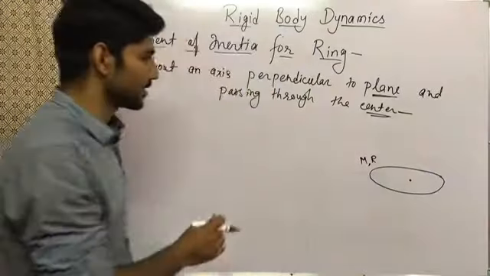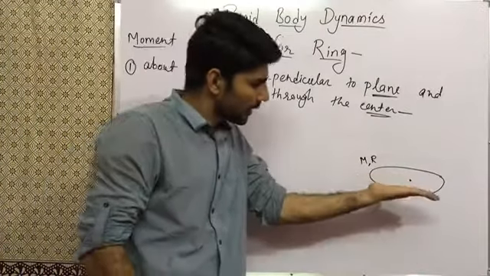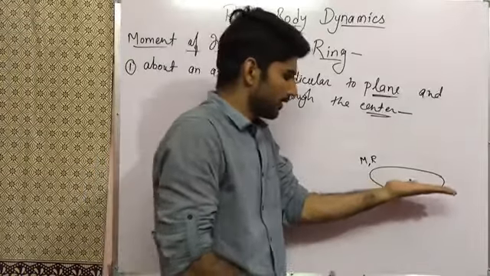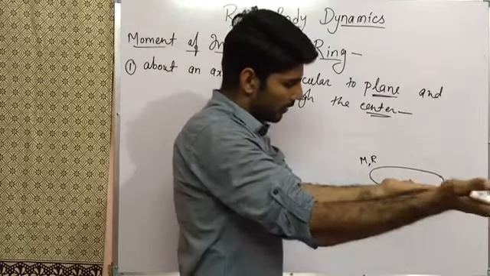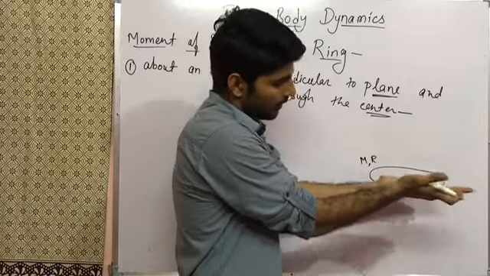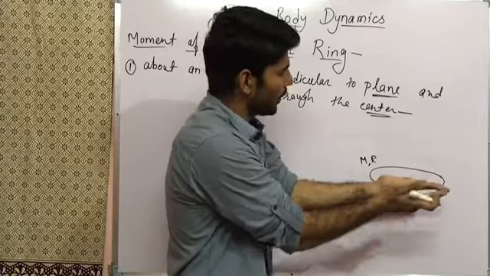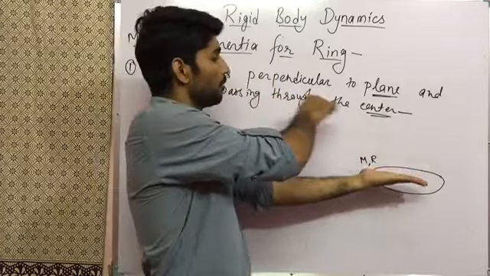Then the axis is perpendicular to the plane. In this diagram you can see the ring is in the horizontal condition, and the plane of the ring is what we get when we cut this ring in the horizontal plane. So this is the plane of the ring, and the axis passes through the center and is perpendicular to the plane.